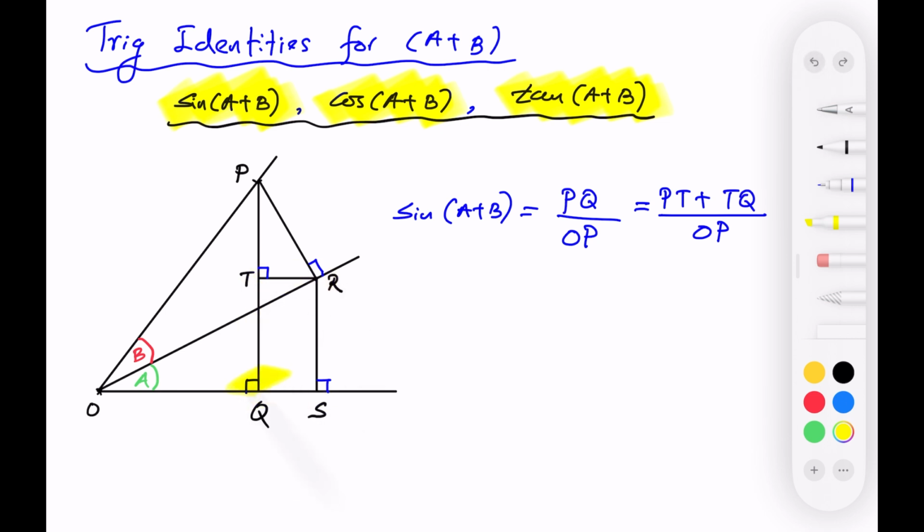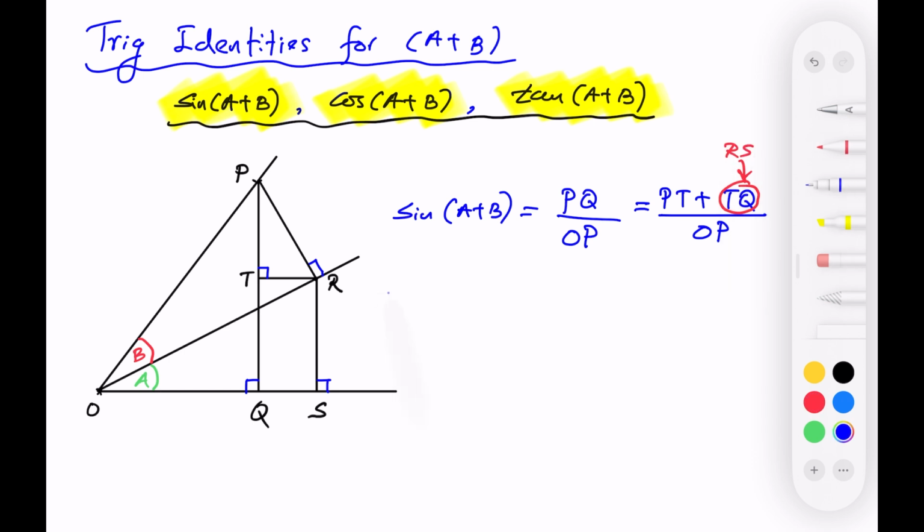In addition to that, these angles are all 90 degrees. So is the angle right here and also the angle right here. That means TQSR is a rectangle. Therefore, TQ and RS are equal in lengths. So I'm going to replace this TQ right here by RS.